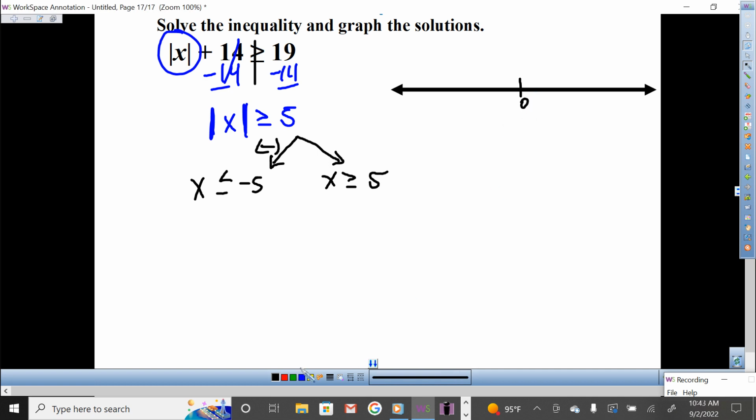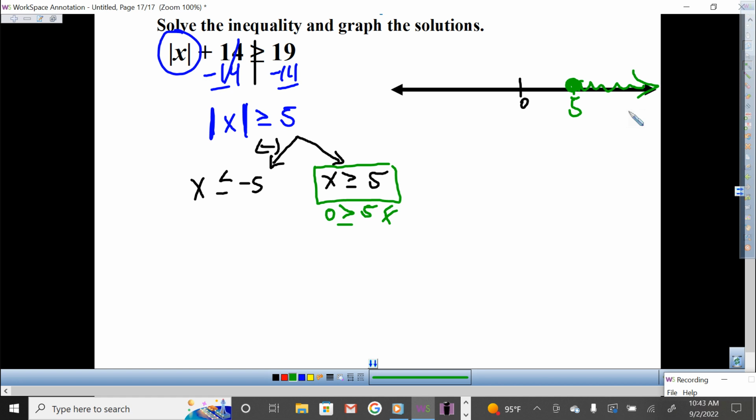0. I'm gonna use green for this right one. Dividing point is 5. Is it an open or close point? Close. Let's test 0. Is 0 greater than 5? No, that's false. So instead of shading towards 0, I'm going to shade the opposite direction. There it is.